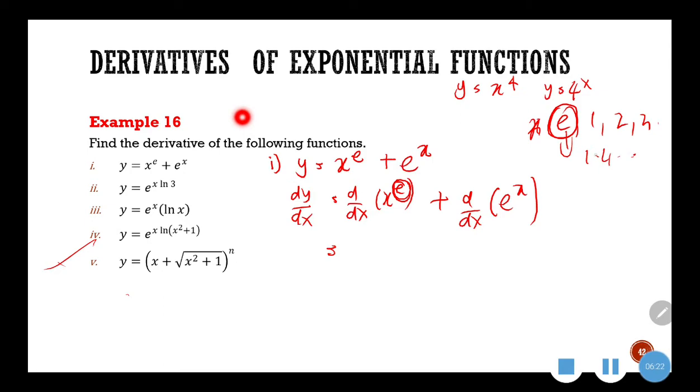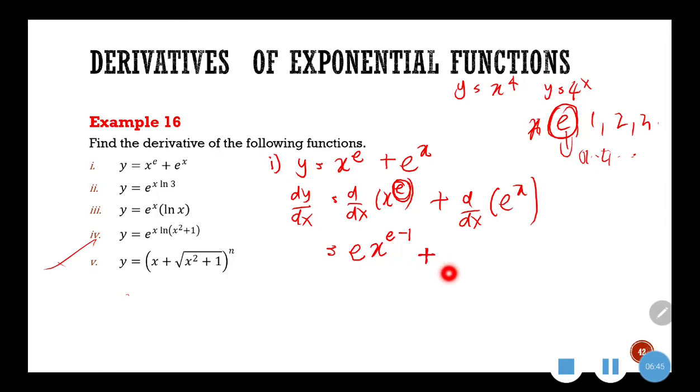Or maybe, tak ingat lah, 0.7 something or 1 point something. So meaning that this one, just treat e as like a constant. So you bring down e, then the power of e reduced by 1. So that is the answer: e times x to the power of e minus 1.